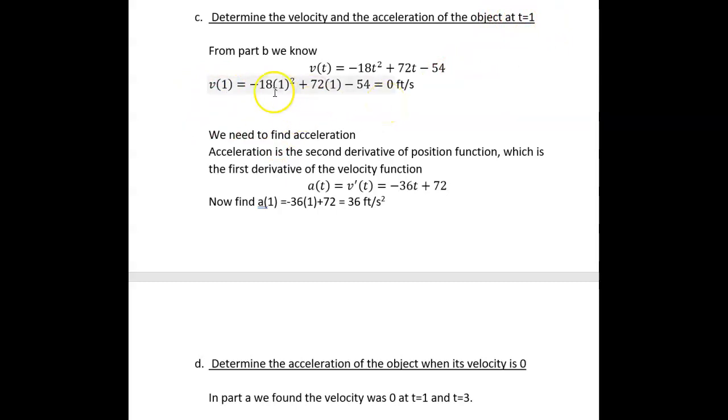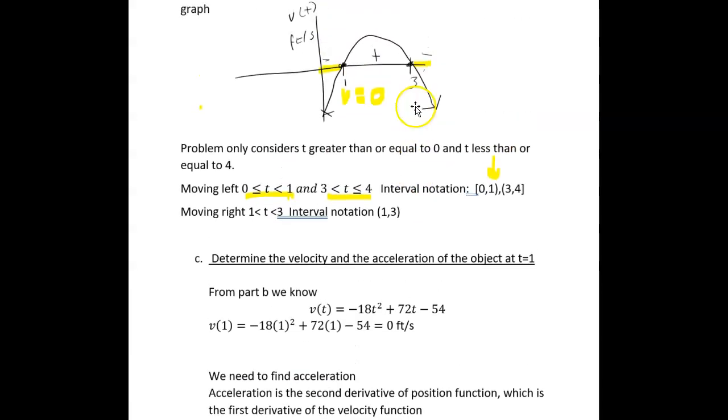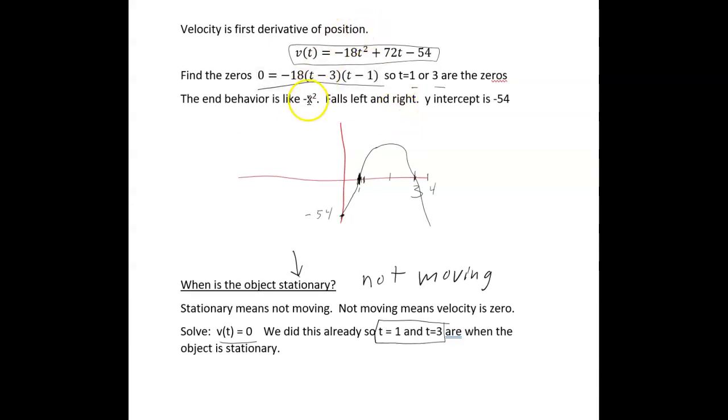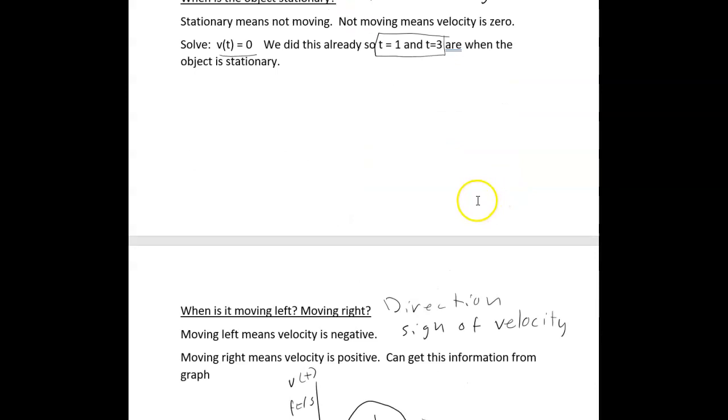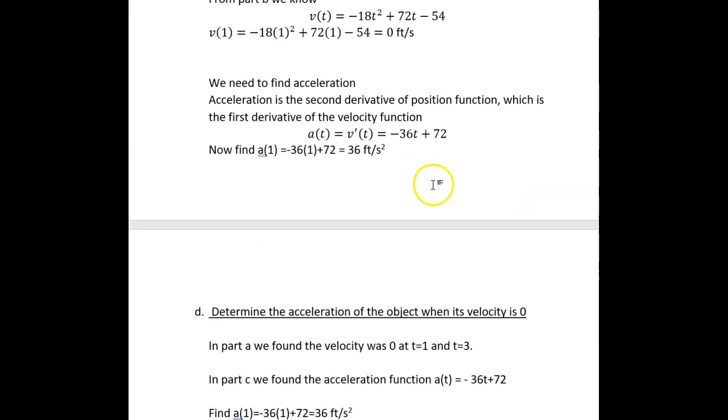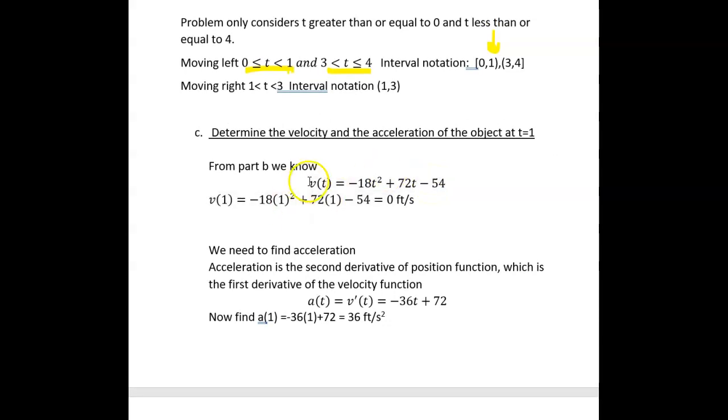And it turns out I get 0. Well, we knew that because when we looked back at where we found the object was stationary and how we found the 0, at t equals 1, the velocity was 0. We already found that in another problem. But if you didn't remember that you found it, right here in part C, you just plug 1 in and you do see you get 0, and that would be feet per second.